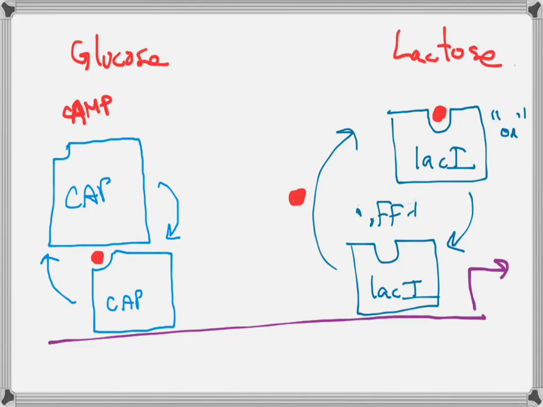Here, the binding represents an on state because CAP is an activator of transcription. And without cyclic AMP, this represents our off state. So the only time that we get maximal transcription is when both of these are in an on state.